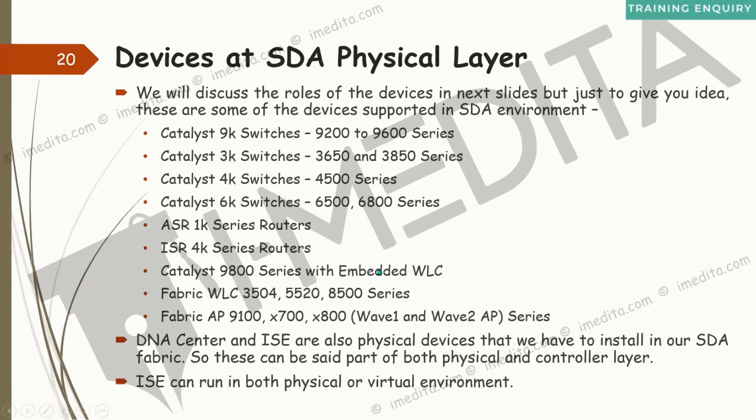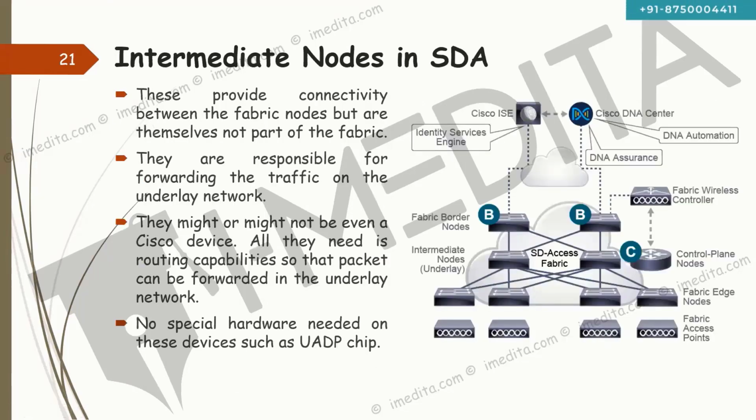Then we have some intermediate nodes that are being used to provide the connectivity from the SDA device to SDA device, SDA device to the border, SDA device to the control plane. They are not part of the SDA fabric itself. They might be Cisco devices, they might not be Cisco devices, it does not matter, as long as they are compatible to perform the routing and everything, it is fine.